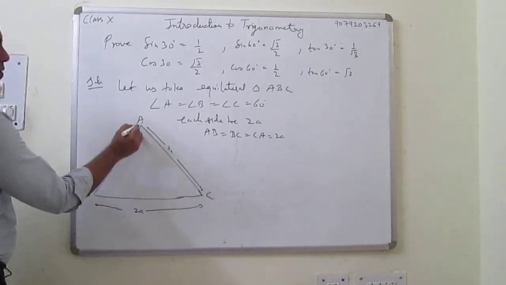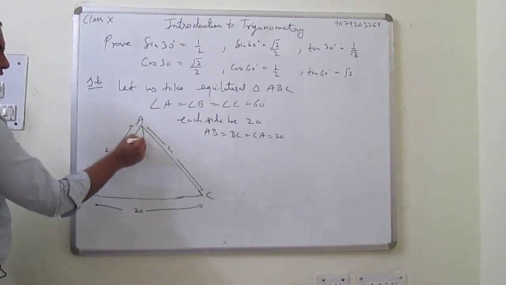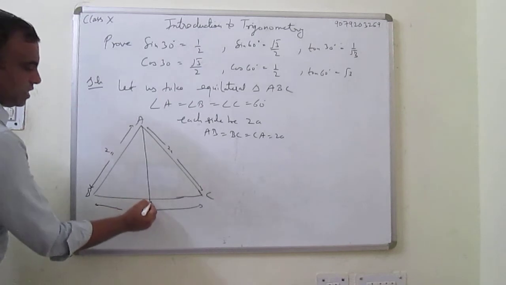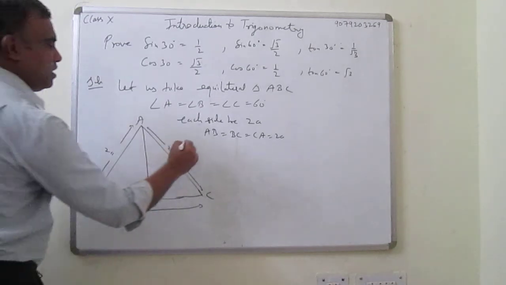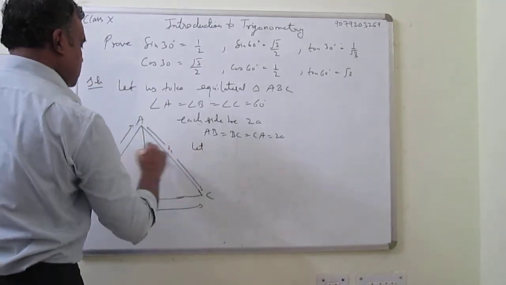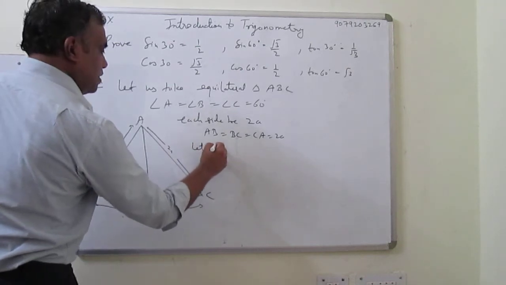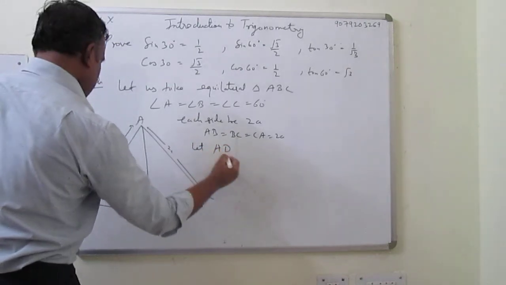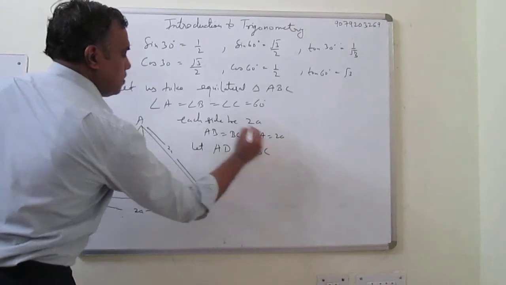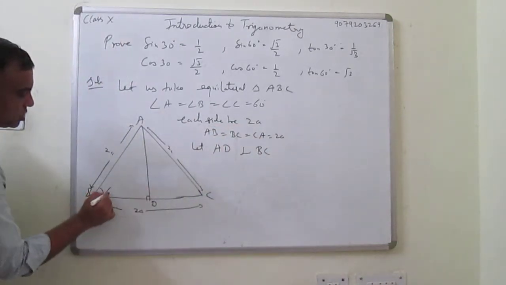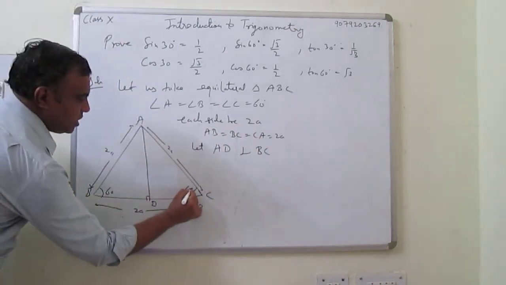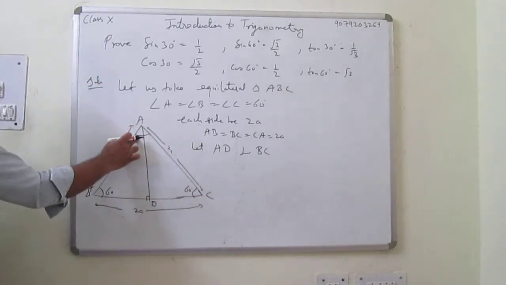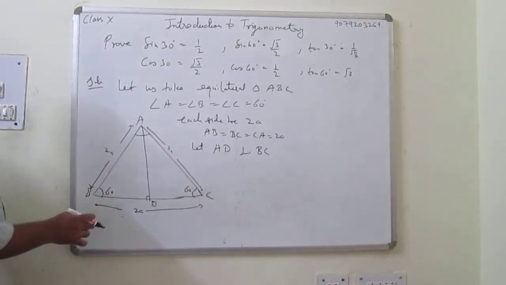Now let us drop a perpendicular from the vertex A to the side BC, and call the foot D. AD is perpendicular to BC. This angle is 60 degrees, and these two angles are equal.